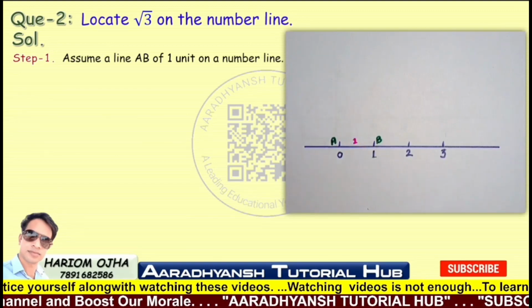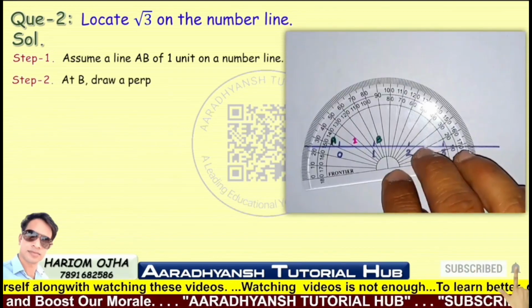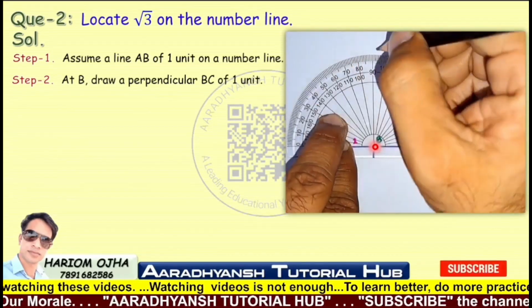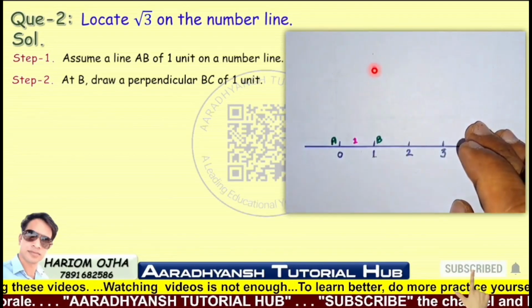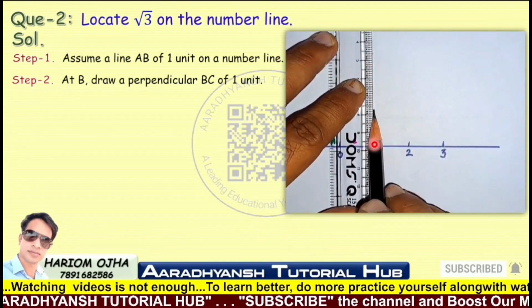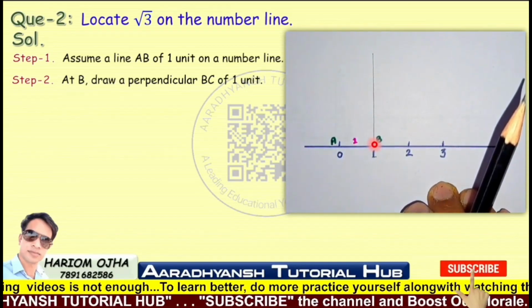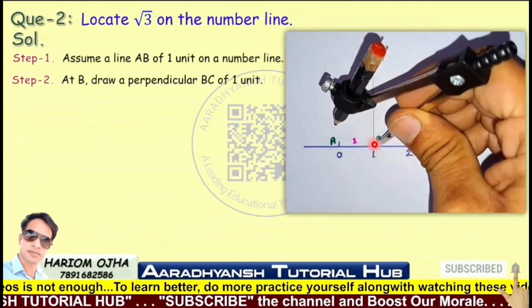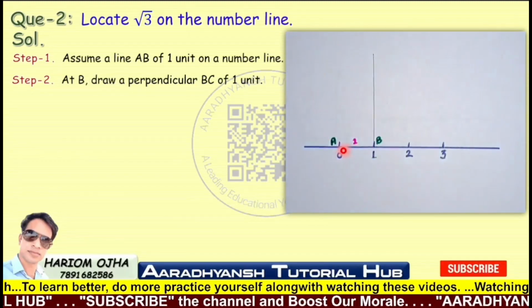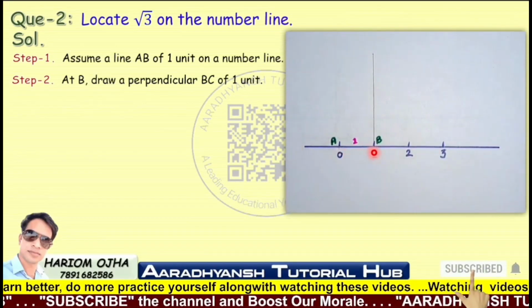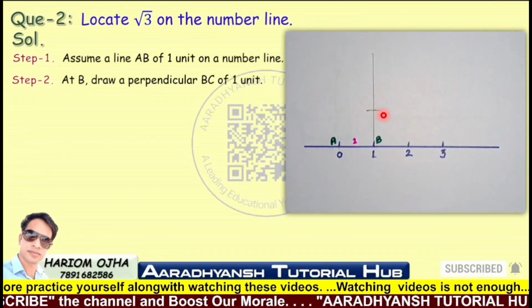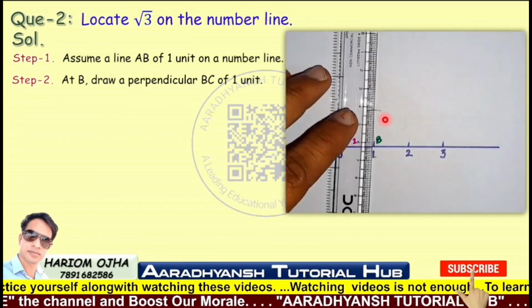This is 1 unit, and then we will draw a perpendicular at B. Here at the point B we are going to draw a perpendicular. After drawing this perpendicular, we are going to measure 1 unit with the help of compass and then cut the arc on this perpendicular. Here you will get point C.